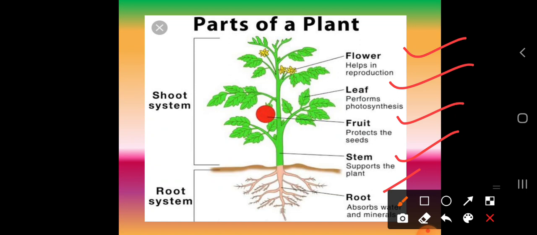Already 5 things are there. If you take the help of this image and write those answers, it is very good. Already 6 boxes are there, but just write 5, that much is enough, no problem.